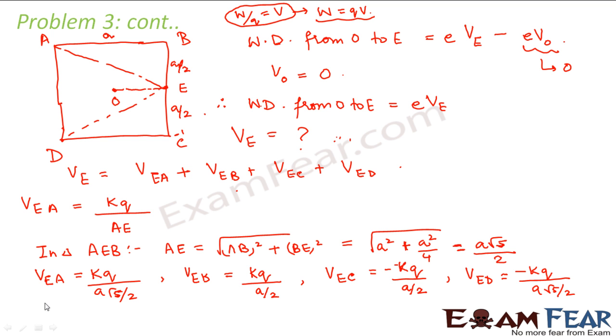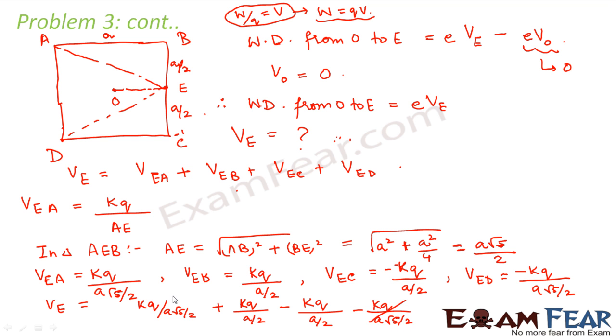Now if you add these 4 terms, what do you get? The net potential at E is equal to KQ divided by A root 5 by 2 plus KQ divided by A by 2 minus KQ divided by A by 2 minus KQ divided by A root 5 by 2, right?